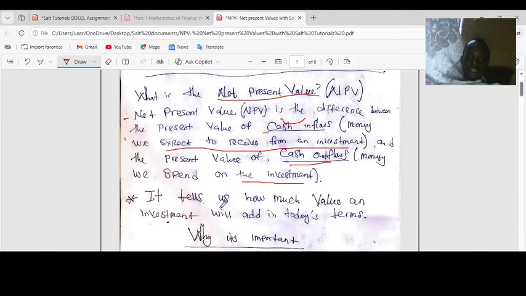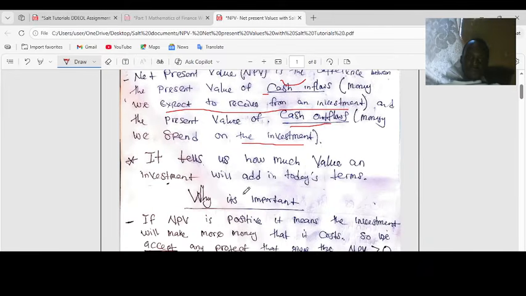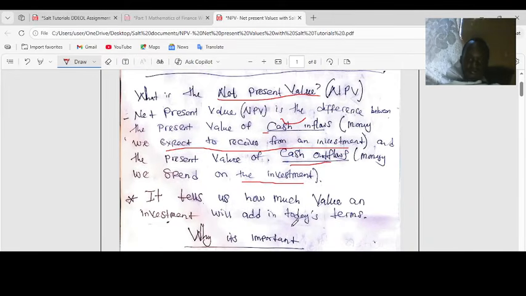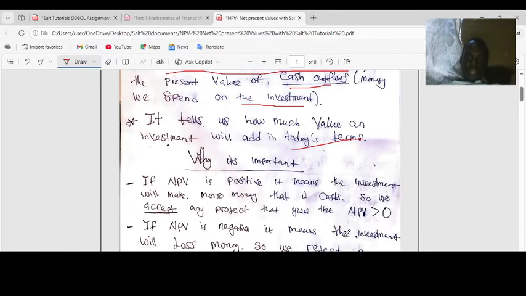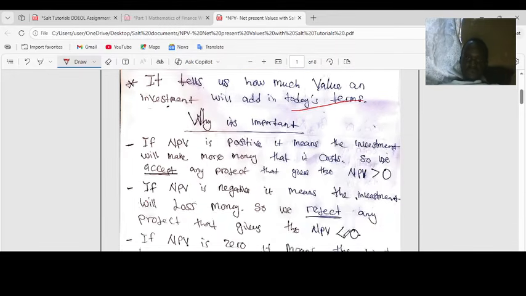So it tells us how much value an investment will add in today's terms. So how much value will it add to your business? The important rule we are going to be using in this process is that when NPV is greater than 0, this means that we can accept the project. It means it's profitable enough.